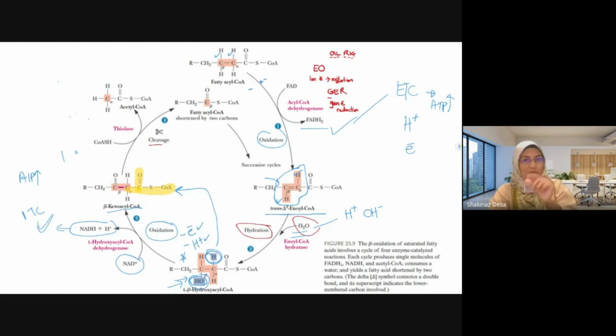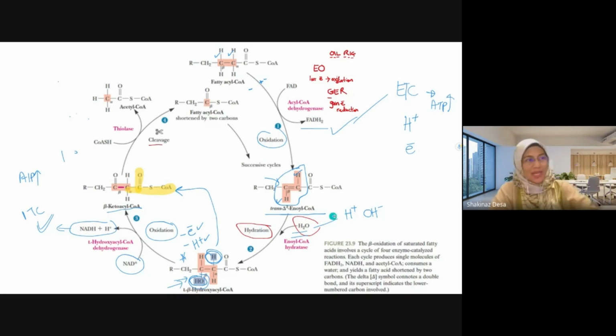The word hydration, remember this. If you read books, you can find the word -tion, T-I-O-N. Hydration, oxidation. -tion means process. So process of hydrating, meaning add air. Kalau dehydration, remove air. Hydration, you add in air.